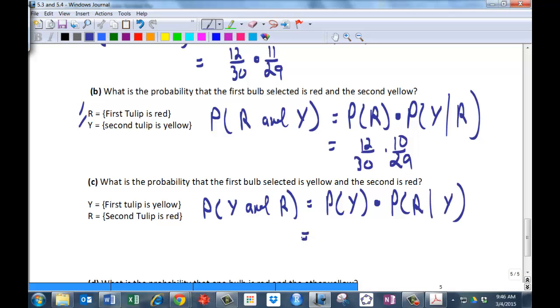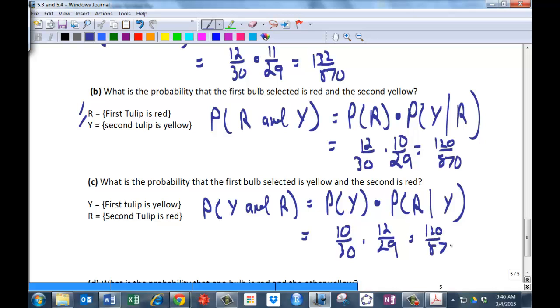Okay, so again, 10 out of 30 times, we still have 12 out of 29, so you get the exact same thing here. Okay, and let's go ahead and give some. So here I got 132 over 870. Here I got 120 over 870 and 120 over 870.